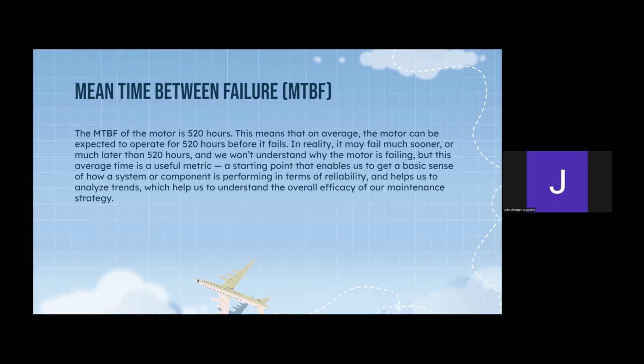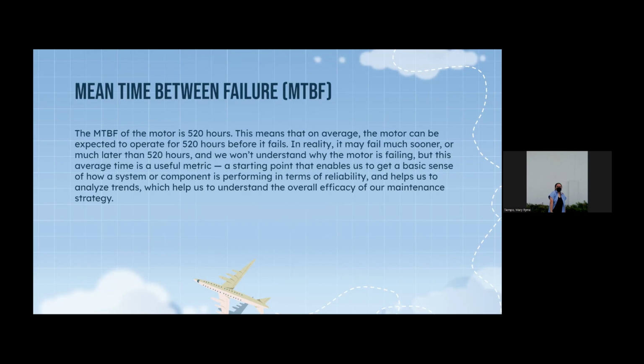This means that on average, the motor can be expected to operate for 520 hours before it fails. In reality, it may fail much sooner or much later than 520 hours, and we won't understand why the motor is failing.